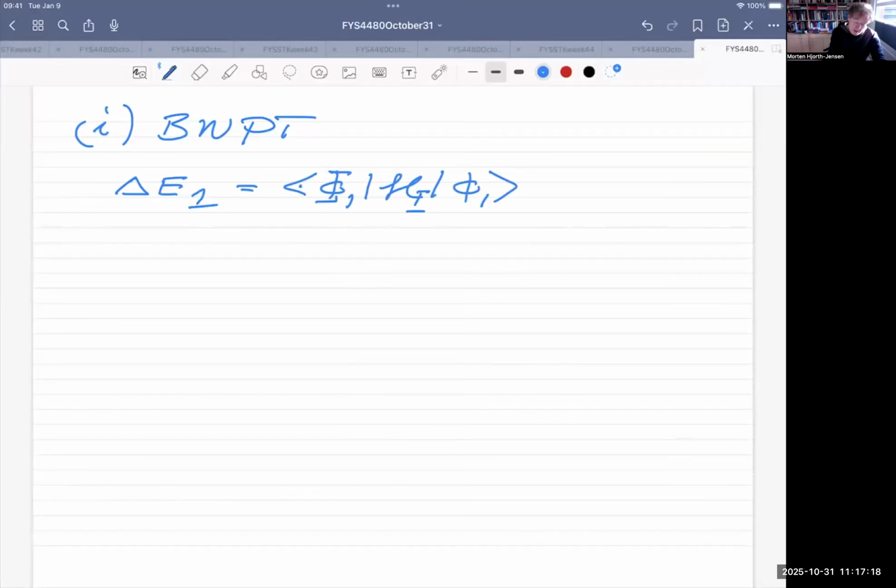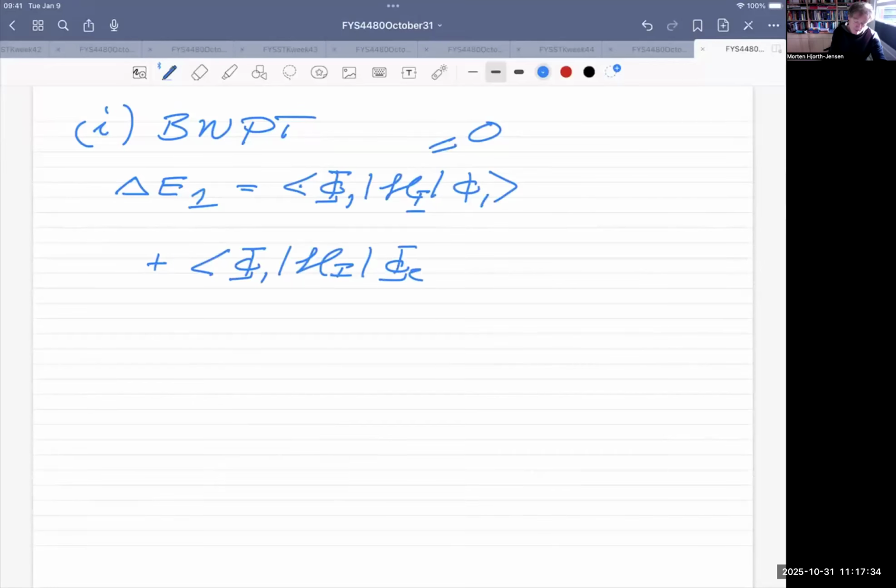And we know that this one, by definition, is actually equal to 0. Then we have a second order term, which runs like phi of 1, and then I have the interaction piece of the Hamiltonian.